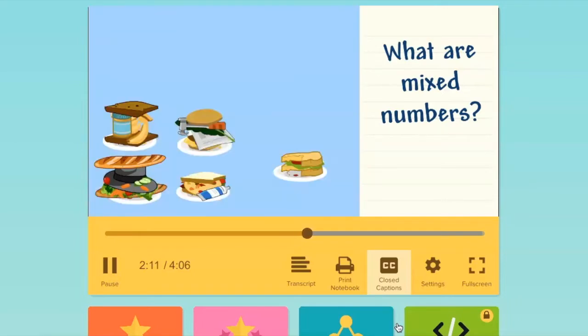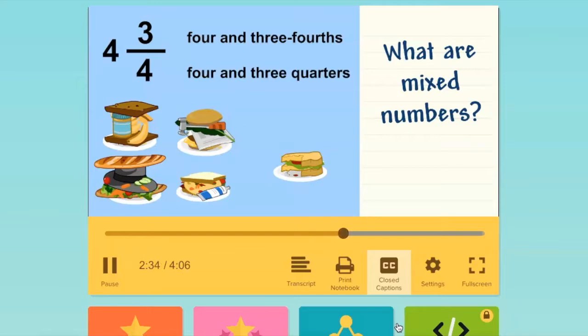Let's see, you have 1, 2, 3, 4 sandwiches, and you also have about 3/4 of a sandwich. So you have 4 3/4 sandwiches. You can also write this with words. 4 3/4 is the same as 4 and 3/4.